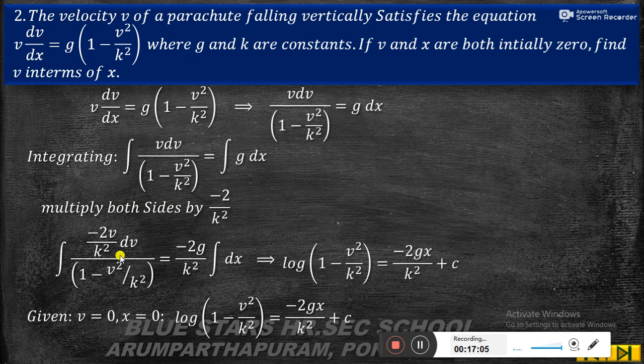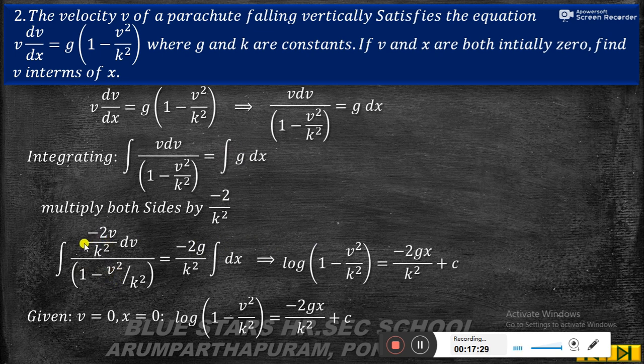So the next step: minus 2v by k square into dv by 1 minus v square by k square equals minus 2 by k square times g into dx. g is a constant, so I write it outside: minus 2g by k square integral dx. You see here, in the integration on the left hand side, the differentiation of the denominator is in the numerator.